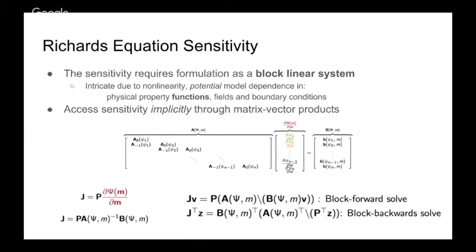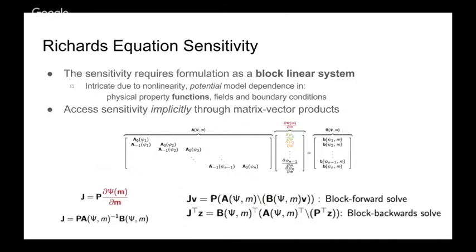On the sensitivity side of things, and this is really where the crux of the problem is, it requires formulation of Richards' equation as this block linear system through time. And there are some intricacies there due to the nonlinearity and also model dependence in any part of that chain of how the two methods are connected.